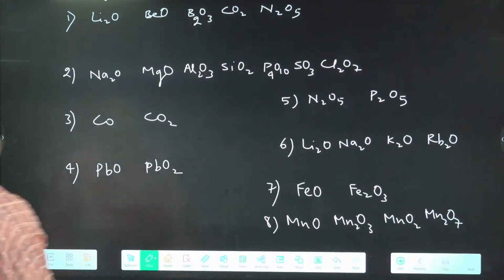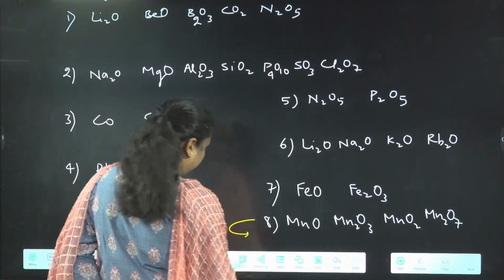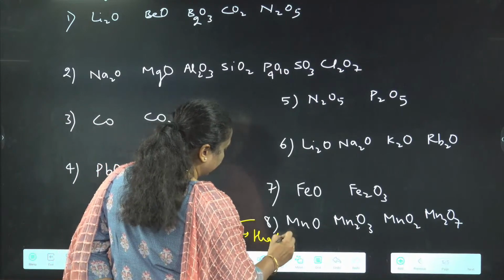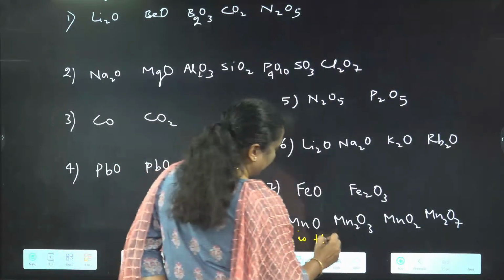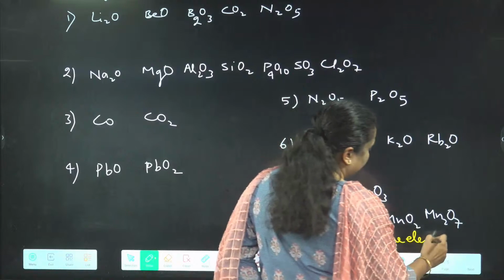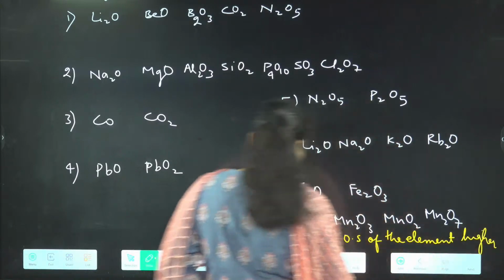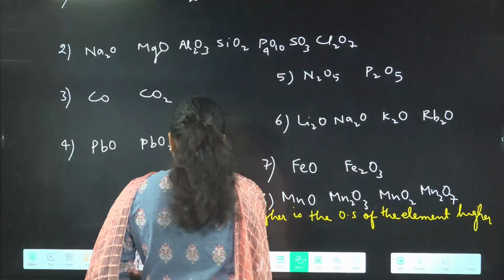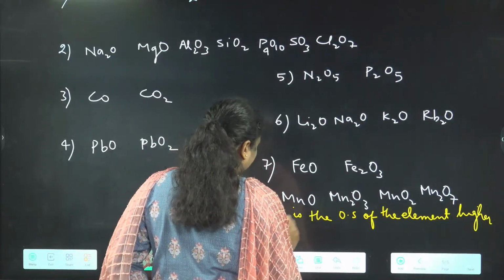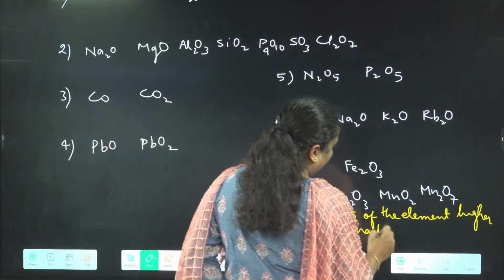And for this question, I'm giving you a hint, wherever you are having a similar element. The higher the oxidation state of the element, the higher will be the acidic nature. Are you able to understand this?